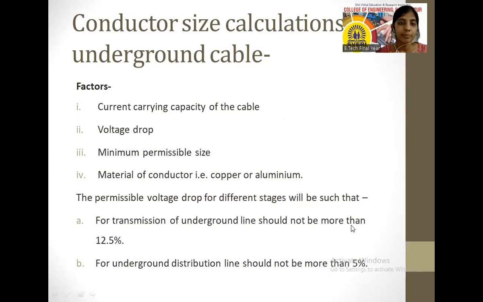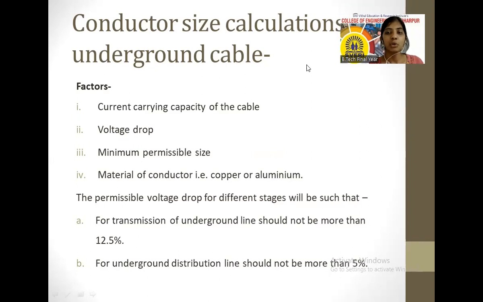In the same way, in the case of the underground cable, if you have to calculate the permissible voltage drop, it should not be more than 12.5%. That means you have to consider the permissible voltage drop up to 12.5% of the total supply voltage.